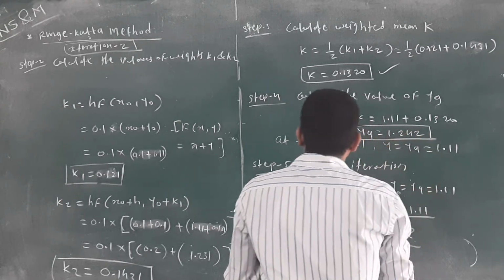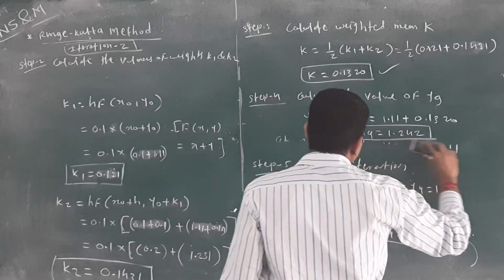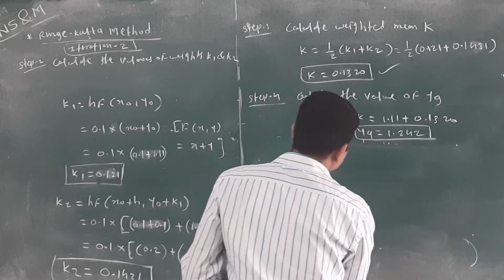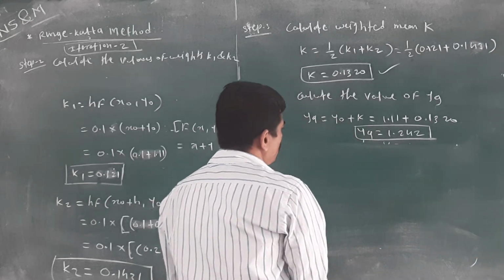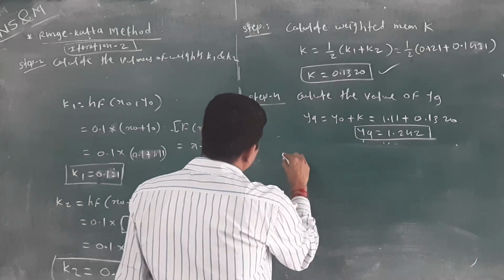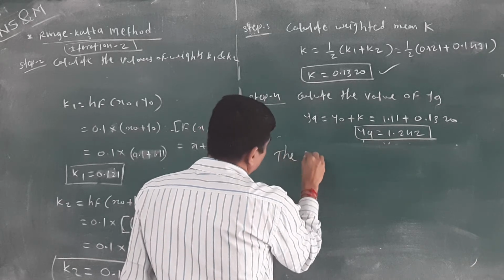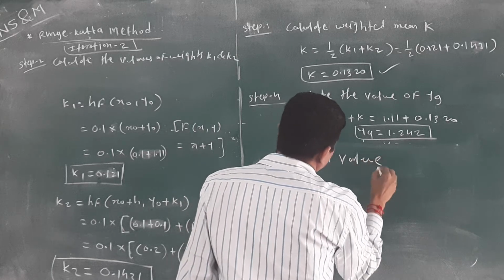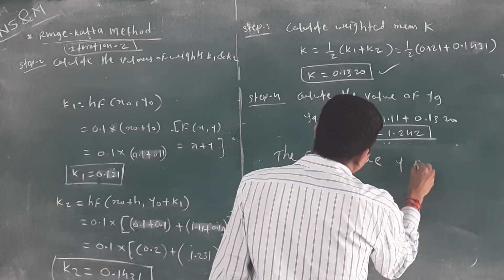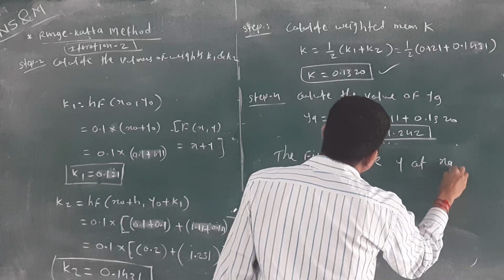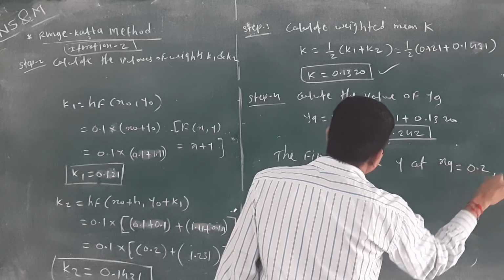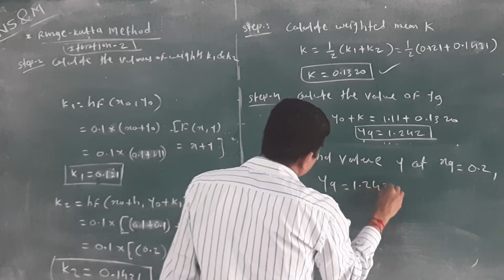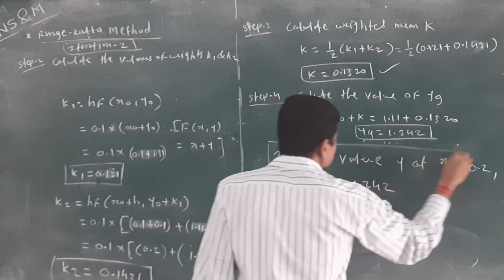Here we will get the Yg. Then I will write the final value: y at xg equal to 0.2, Yg is 1.242. This is the answer.